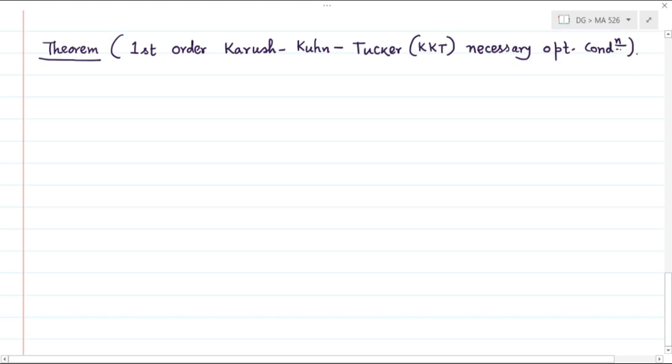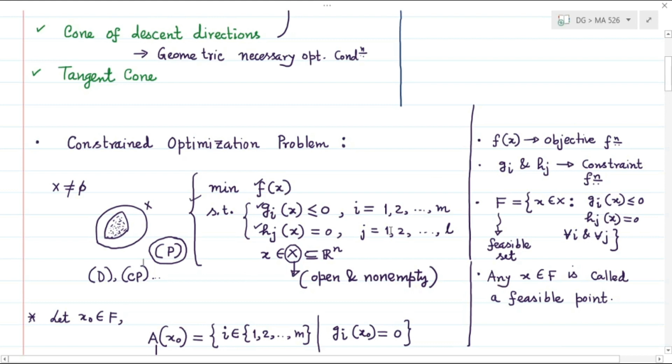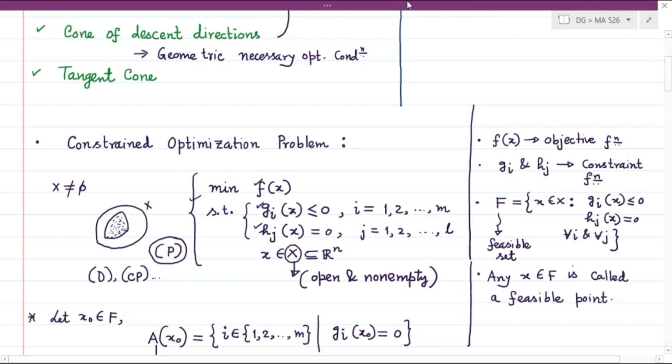It says the following, that you consider the problem that I was discussing at the beginning of this lecture. And you consider this problem where f, g_i, a_j are continuously differentiable and the set capital X is open and non-empty.